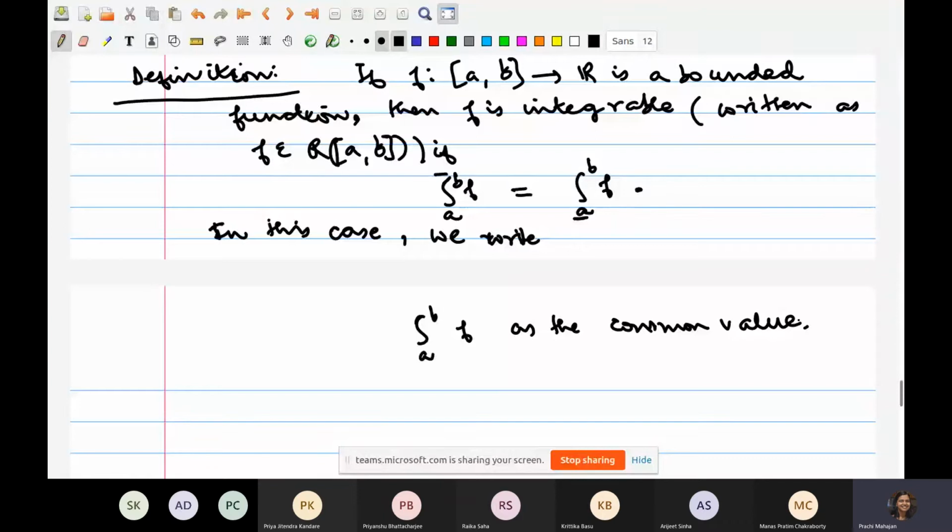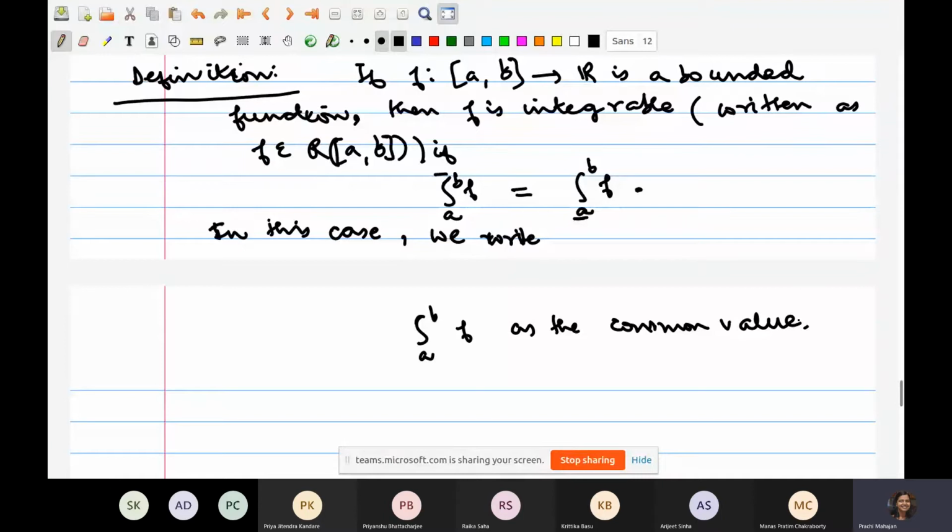If this looks too intimidating because of the notation, please don't worry. Just hang on for another 10 minutes or so, and we will see some examples. Is this definition okay with everybody? You define the upper sums, you define the lower sums, you first study this monotonicity property of the upper sums and the lower sums.